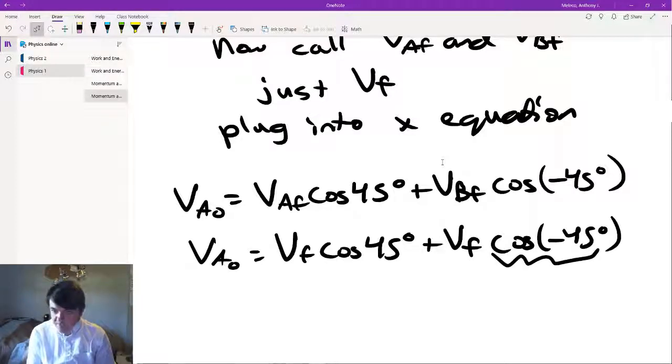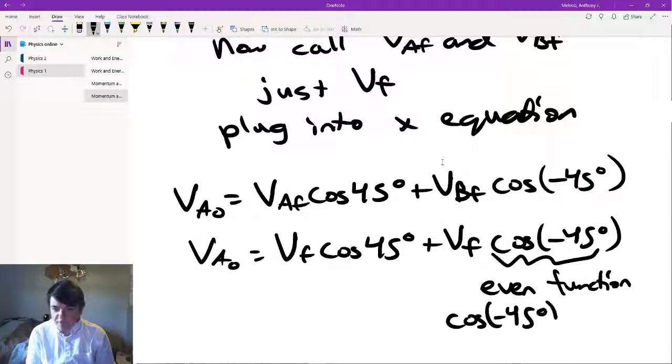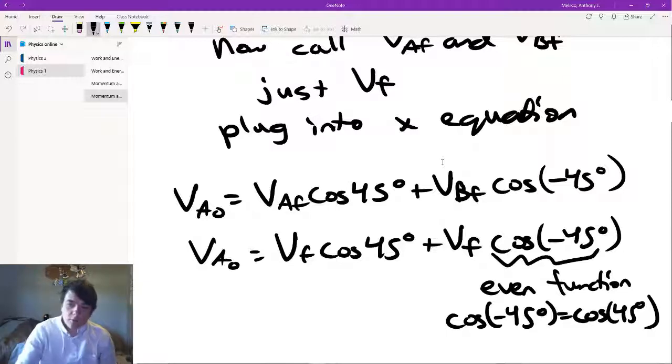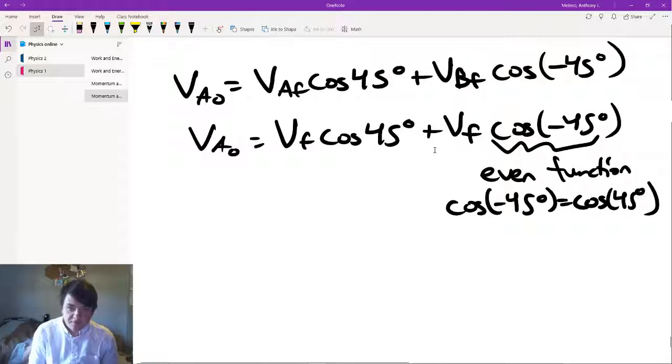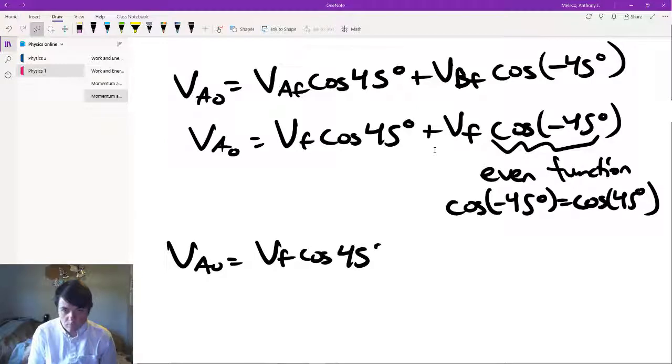So this is an even function, which means cosine of minus 45 degrees equals cosine of 45 degrees. So if we want to rewrite this, we can now rewrite it again. So that's handy.